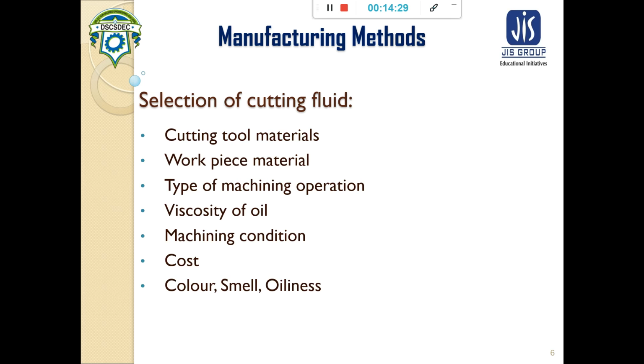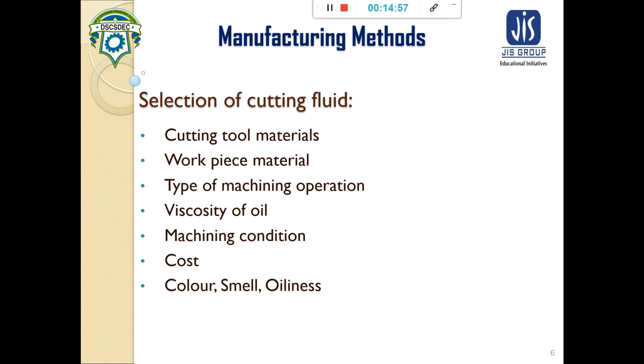Secondly, the workpiece material: depending on what workpiece we are machining, the selection will be done. Third, the type of machining operation: is it drilling, boring, milling, or turning? Depending upon that, we can decide what cutting fluid we need.